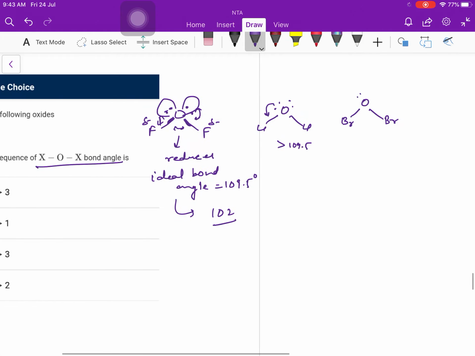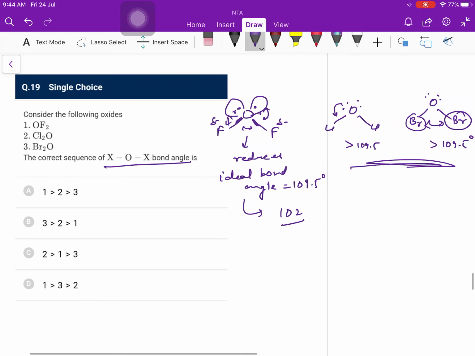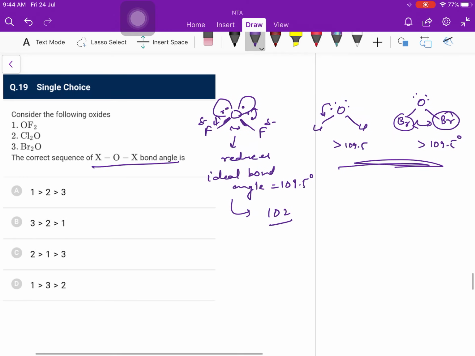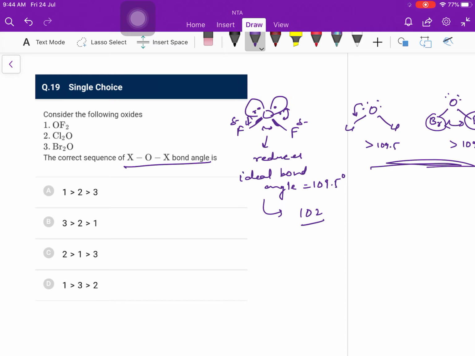Also the bromine atom is getting large, so the repulsions here will also increase. This will also be greater than 109.5 degree. Deciding between OCl2 and OBr2 is quite difficult, but we are going with just the size of the bromine atom. So OBr2 will have the maximum bond angle, and then Cl2O and then OF2. So 3 then 2 then 1.